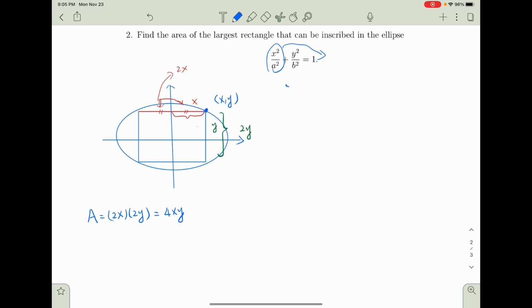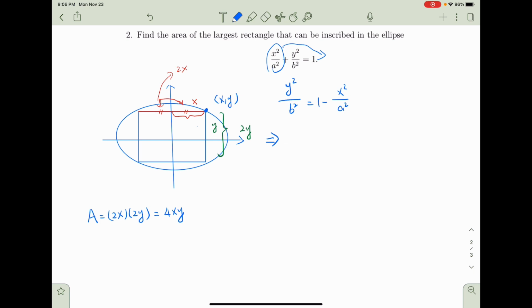So we have y squared over b squared equal to 1 minus x squared over a squared, right? And then we can take the square root, knowing that both y and b are positive.